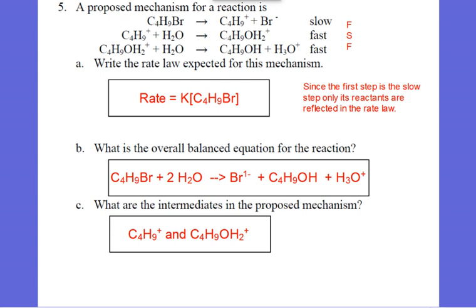Alrighty, so proposed mechanisms are all about which step is the slowest and which step is the fastest. Truly the way you would figure this out is typically in the reverse.